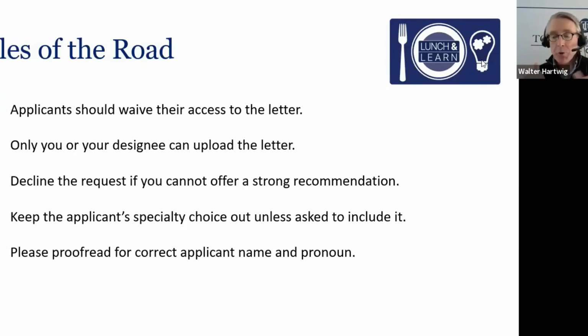That's all good. What you couldn't do, for example, is send the letter to me. I can't upload it because I have a login access to ERAS, the application service that identifies me as a designated official. And so I'm the one who's specifically barred from being able to see letters of recommendation. And so this adds a level of complication to the process.